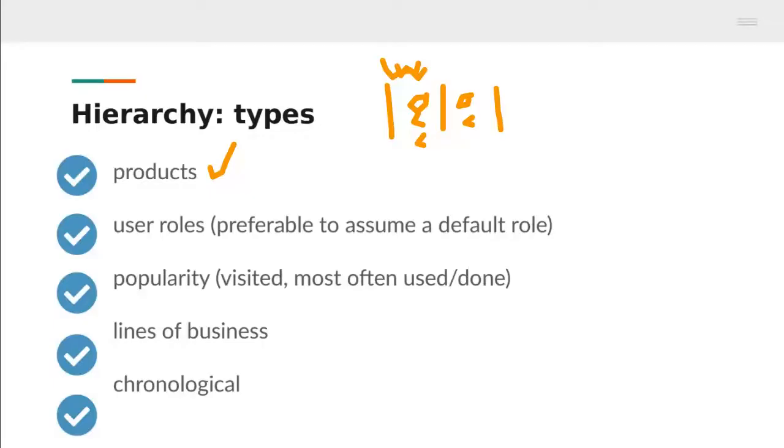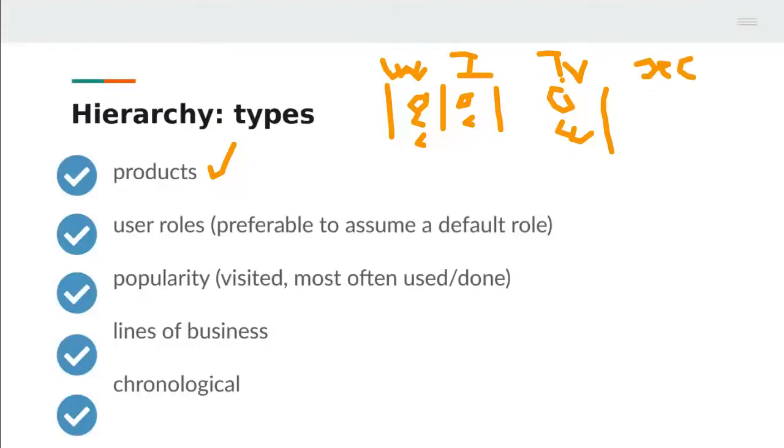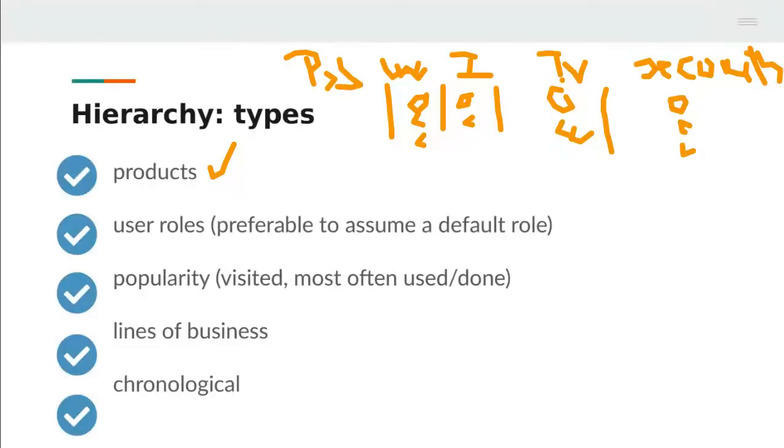If it's Rogers, then maybe we have a grouping for wireless, maybe a grouping for internet, maybe a grouping of items for television, and maybe a grouping of items for security. These are all products, and then we're dividing up the content according to them.